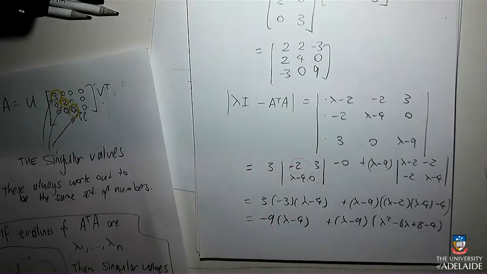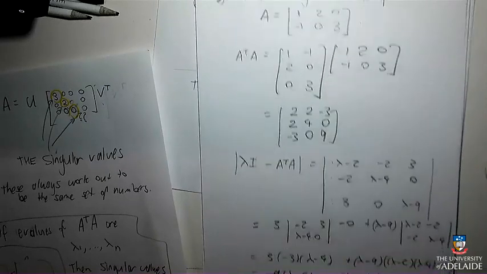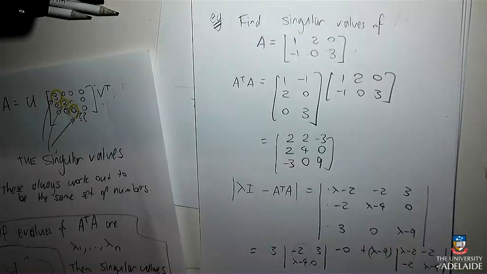This is the point at which I would say it's a lost cause without a machine to help me factorise this. And so I will say whatever the solutions to this equals 0, square root them, that's the singular values. All right. Is it a lost cause? Let's see if we can change it so that we can get an answer.